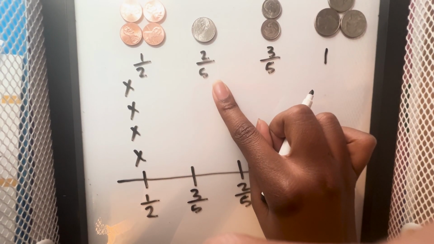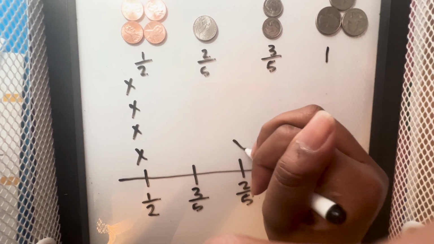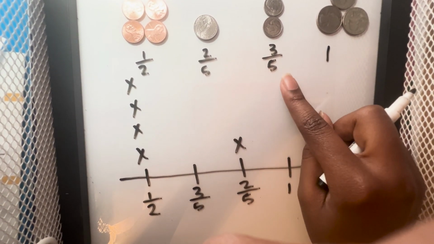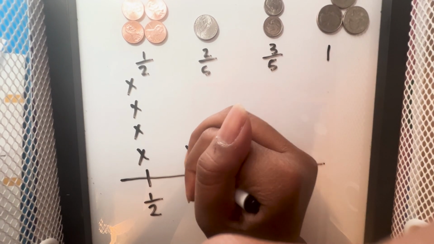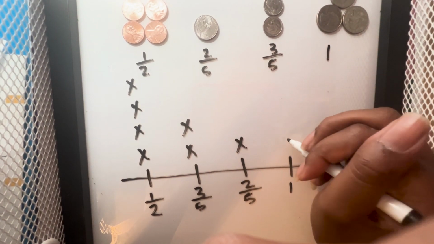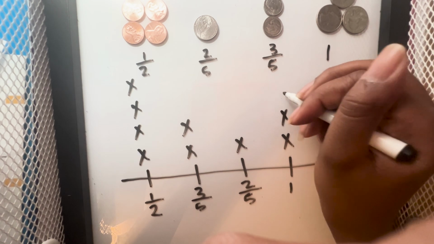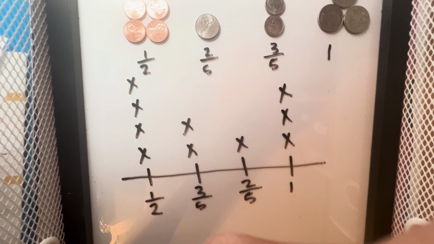We have 1 nickel that is 2/5, so we can just add 1. We have 2 dimes that are 3/5, so we're going to add 2 tick marks. And then we have 3 that are 1 inch, so we can just add 3. And just like that, we were able to create our line plot.